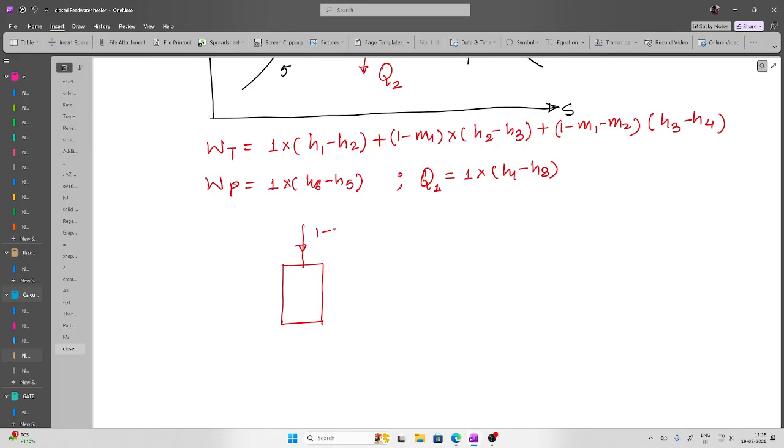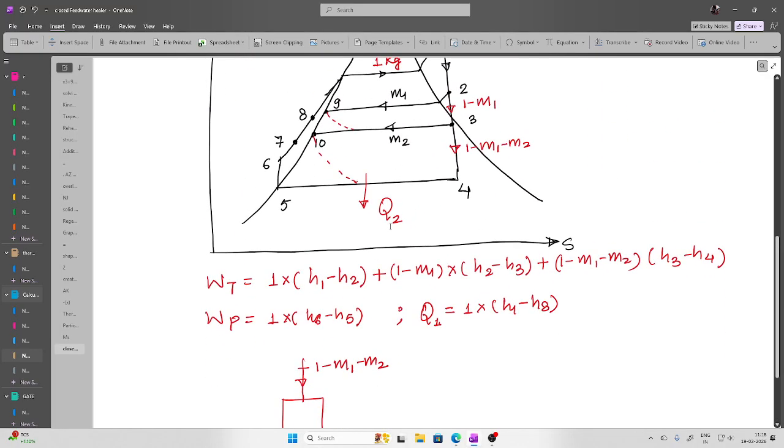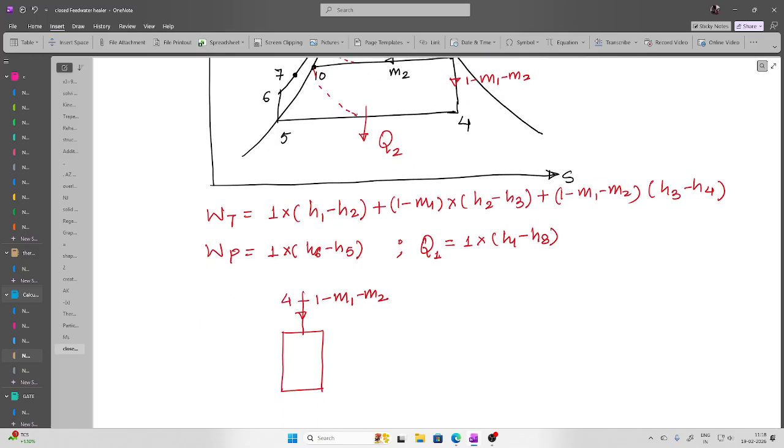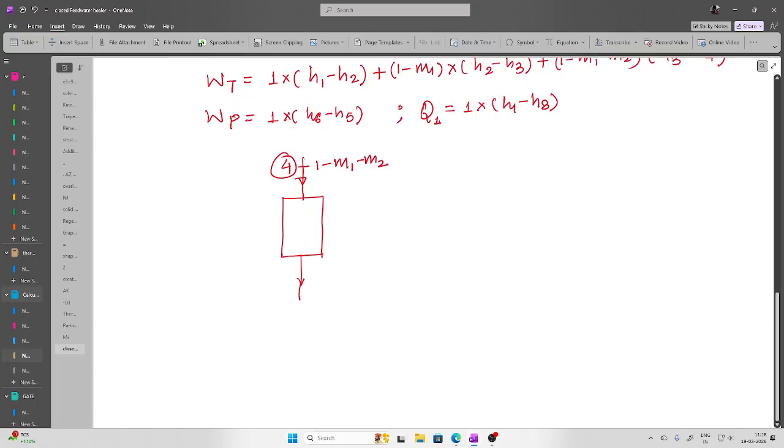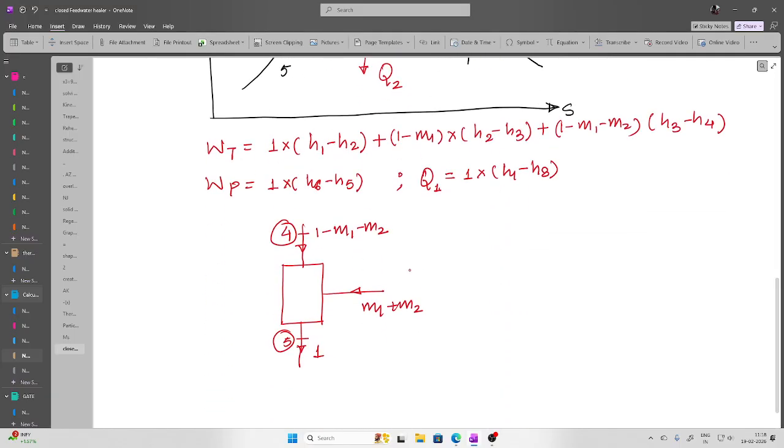The 1 minus M1 minus M2 amount of steam is entering at point number 4, and it is exiting at point number 5 with a mass of 1 kilogram. Here M1 plus M2 mass is coming from the lower feed water heater, that is 2, and the state is 10.